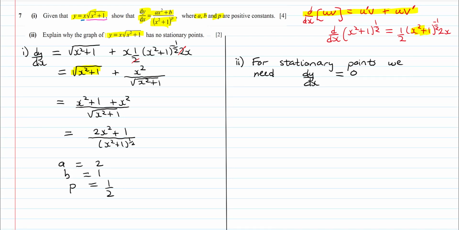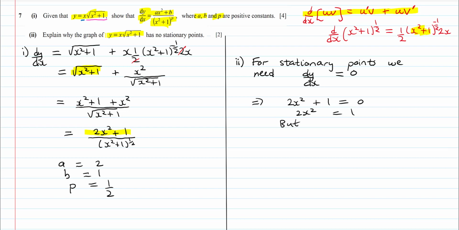That means then that the numerator part here, this 2x squared plus 1, must equal 0 if our derivative is going to equal 0. So that implies then that 2x squared plus 1 equals 0. So that means we would have to have 2x squared equal to negative 1, but that is obviously not possible. We can't have a positive number times x squared equal to negative 1.